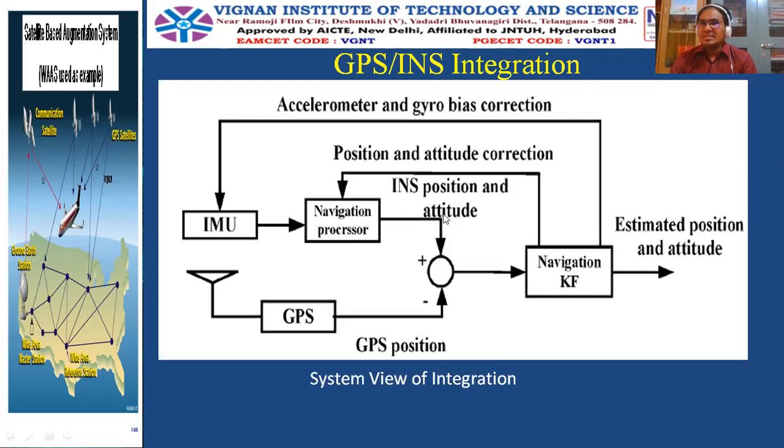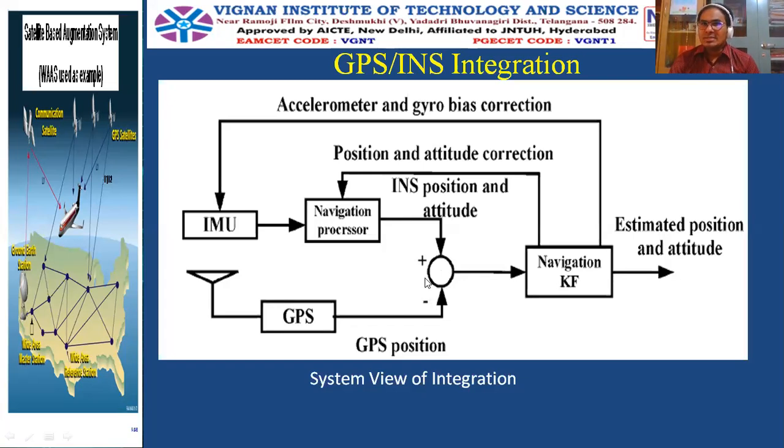So attitude is not height, it is the rate of change of acceleration of the end user. Of course, the same information is also provided by the GPS system in terms of its longitudes, latitudes, and attitude, rate of attitudes. These two are given to a mixer.